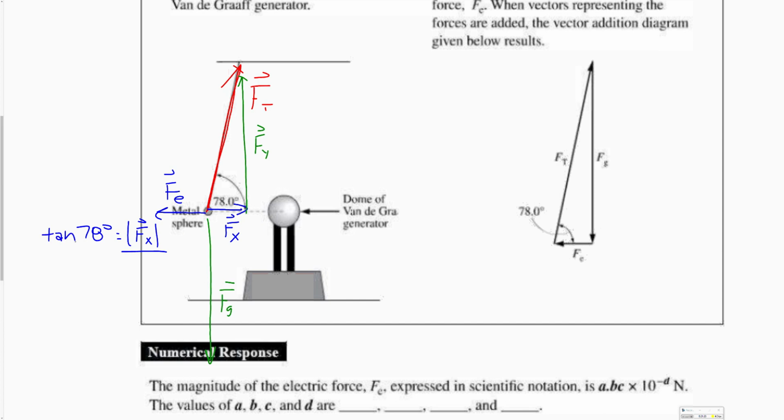Tan 78 degrees is equal to opposite over adjacent, Fx over Fy, which is the same as gravity, right? What do we need? We didn't read this question in detail. We skimmed it. What do we need here? We need a mass. Let's go find a mass.